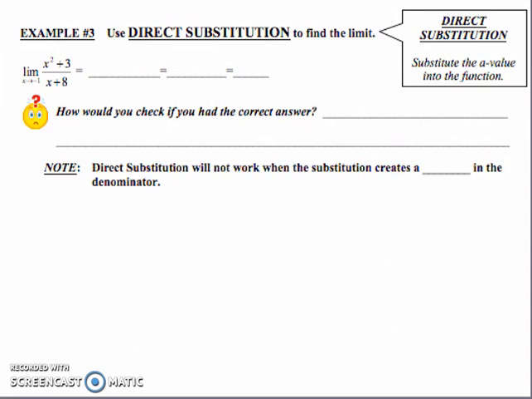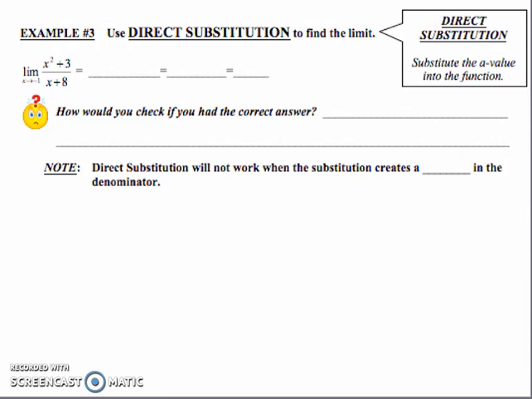In the next example, we're going to use direct substitution to find the limit. We're just going to substitute the a value into the function. And when this works, it's awesome because it's quick and it's easy. So we're going to do the limit as x approaches -1 of our function x squared plus 3 divided by x plus 8.